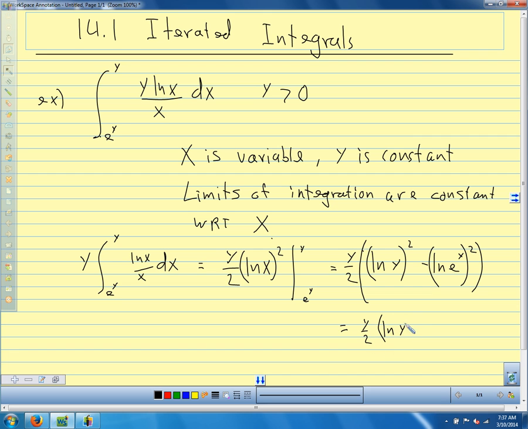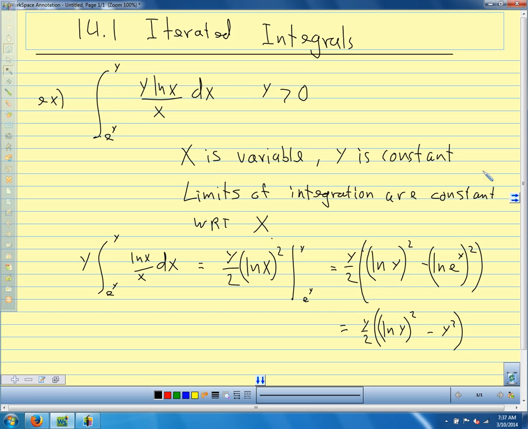This one won't simplify, natural log y squared minus y squared. And that's our answer. So the result of evaluating this integral with respect to x is we end up with a function of y, and y is constant with respect to x. So we just treated y as a constant. Are we good with what we did there?